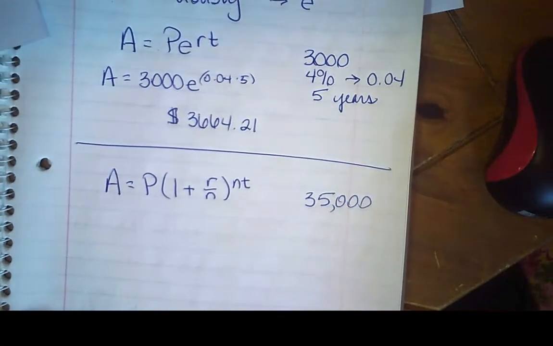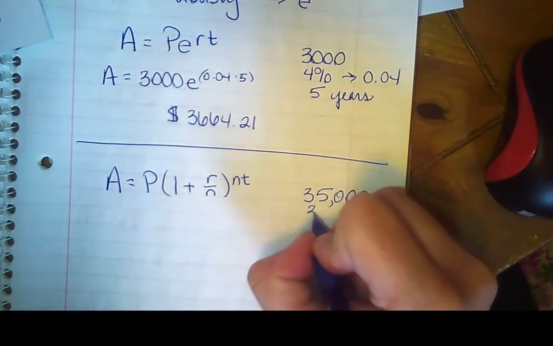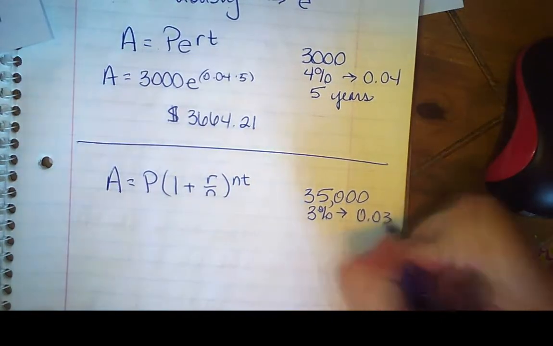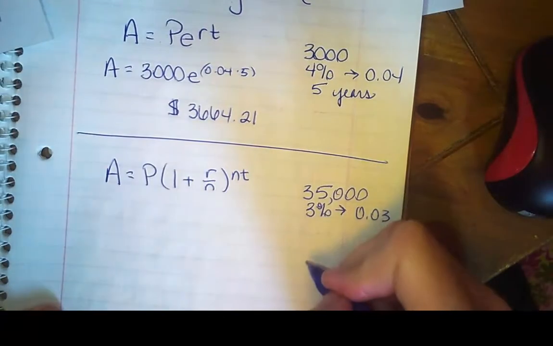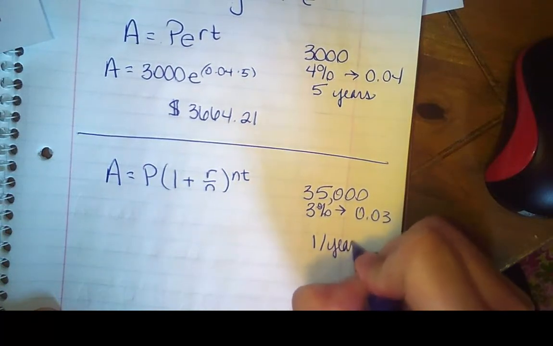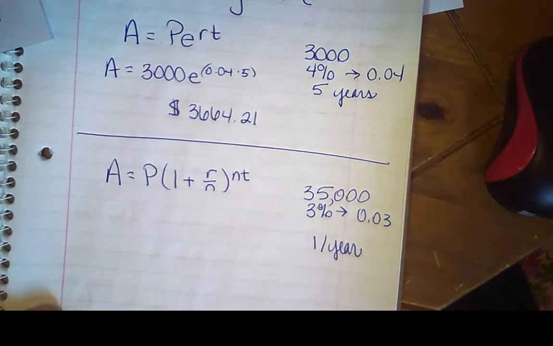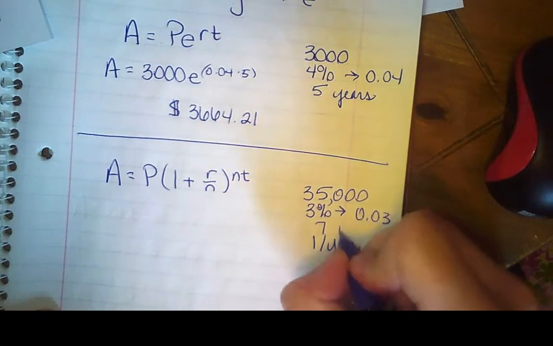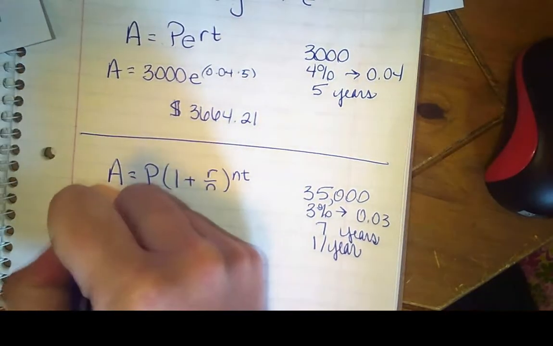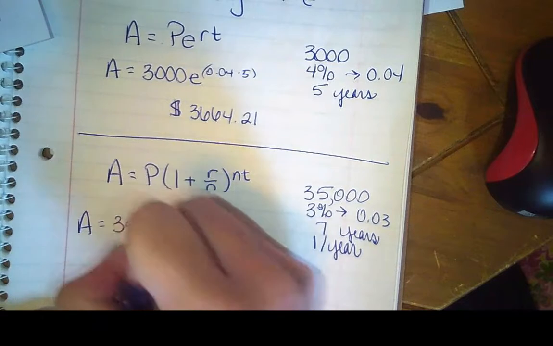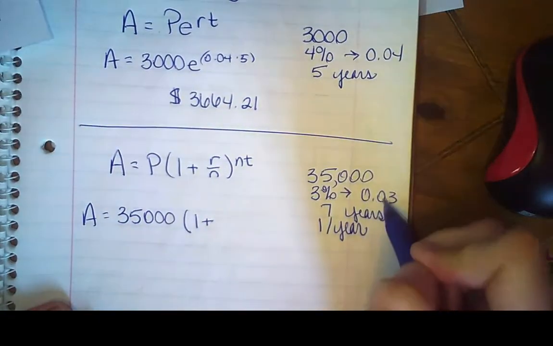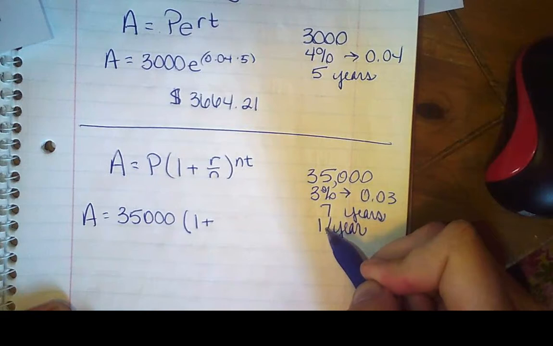And I'm doing this at 3% per year, which is 0.03. It is compounded annually, so that's once per year. And then for how many years am I doing this? I'm doing this for 7 years. So I have A equals 35,000 times 1 plus your rate divided by 1.